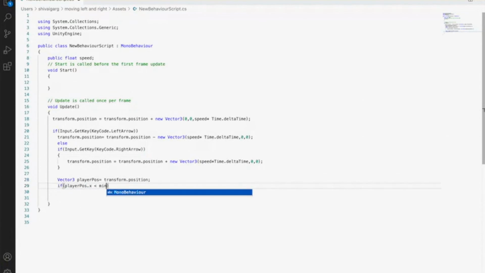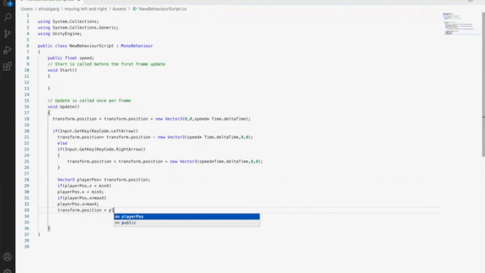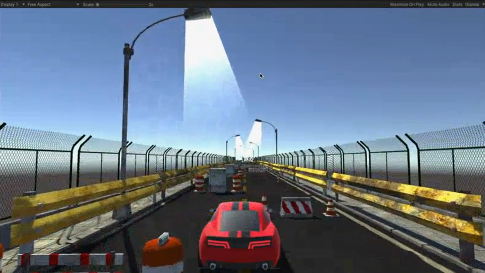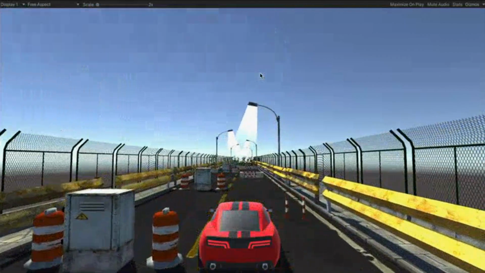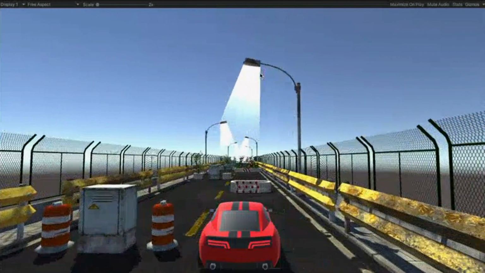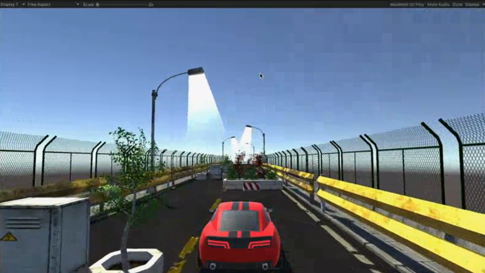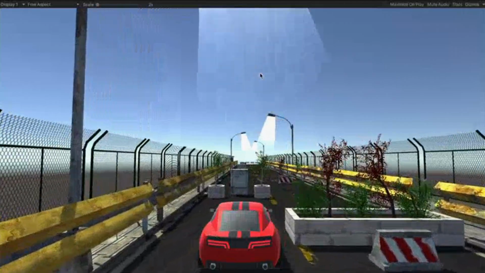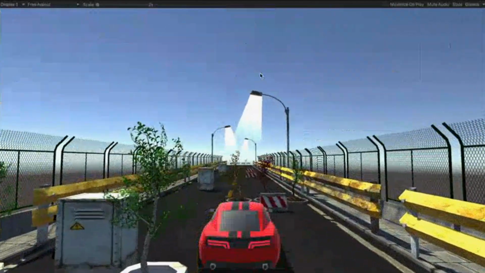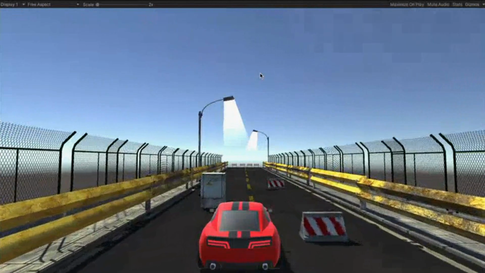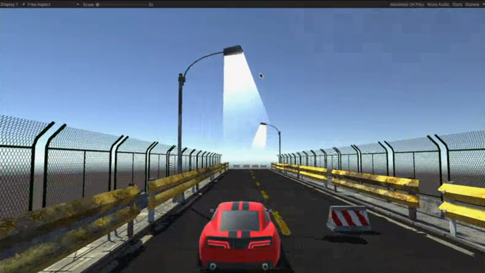Then I did some more improvements and further beautified my game. Now you can see the final output of the game. Thank you.